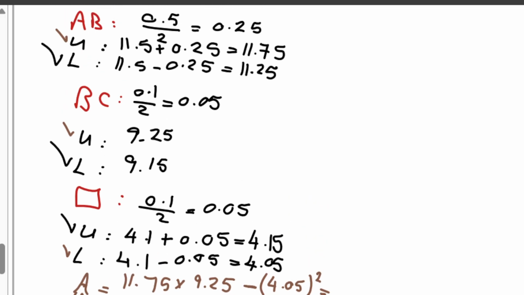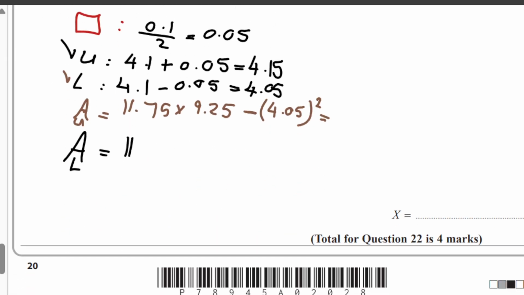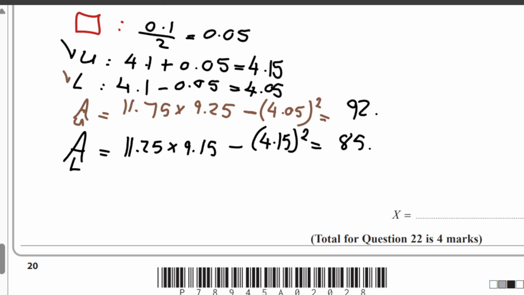So it's going to be 11.25 times 9.15 minus 4.15 squared equals. That's it. Now, plug this in your calculator. You will get two values. You will get 92 point something and you will get 85 point something.